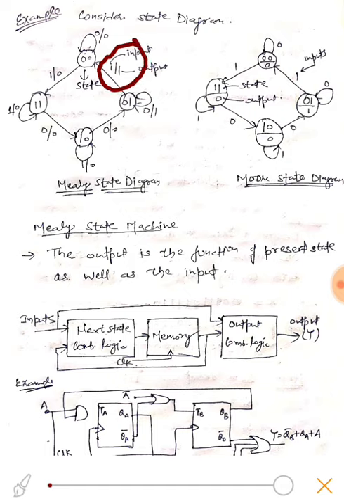We denote both the input and output on the transition line, and these circles contain only the name of the state, that is S0, S1, S2 and S3. The circle contains only the states, and the output and inputs are denoted on the transition lines.